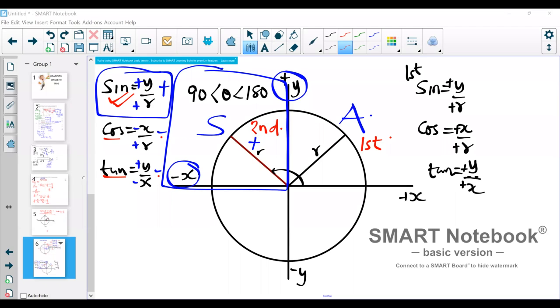It's negative. Remember we said cos is negative. What about tan 120? Negative. I hope it makes sense. So it is only sine that is positive. In the first quadrant, all is positive. In the second, sine is positive.